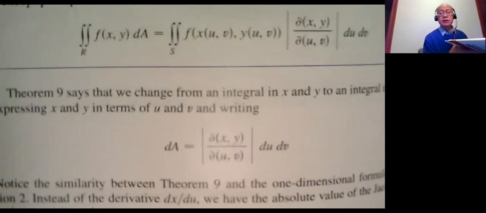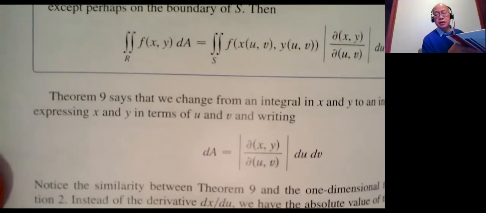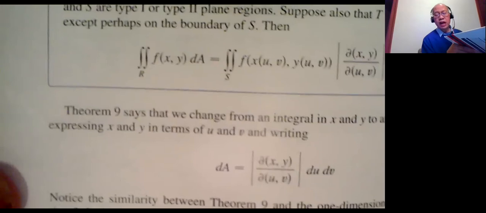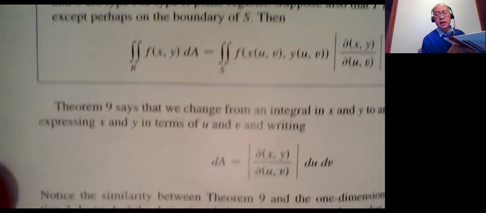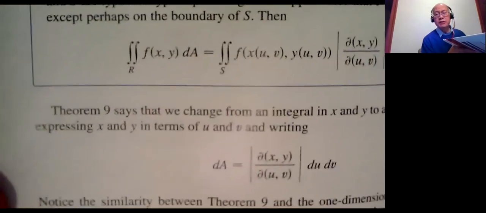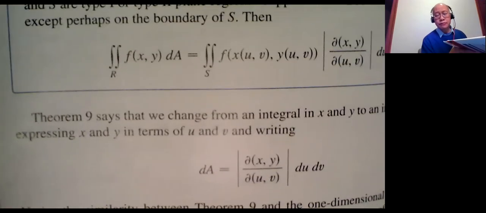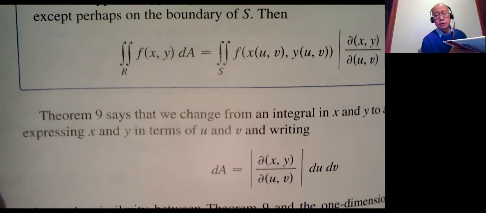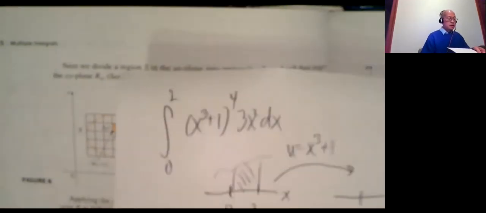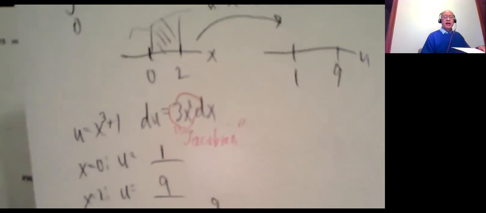Okay. So here's dA. So another way of having dx dy or dy dx is Jacobian times du dv, where u and v are given to you. That's equivalent to one dimension, right? We change x to u.